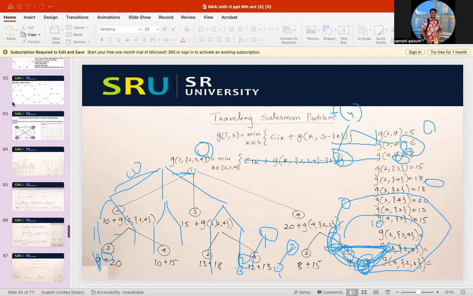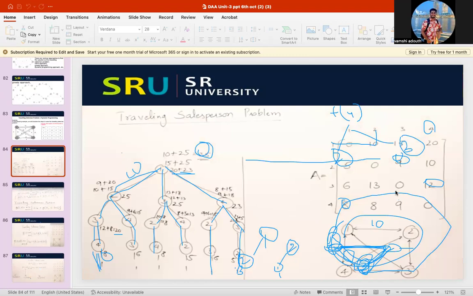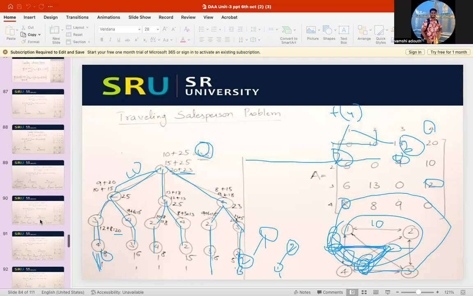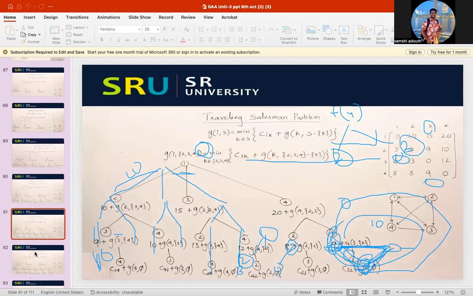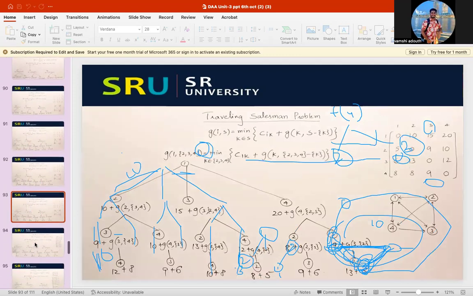So we can solve this problem in two ways. At first, if we start from 1, all the vertices we have to visit and we have to go back to the starting vertex 1. Likewise, if we calculate, we will get 35. If we solve using this formula also, we will get 35 here.